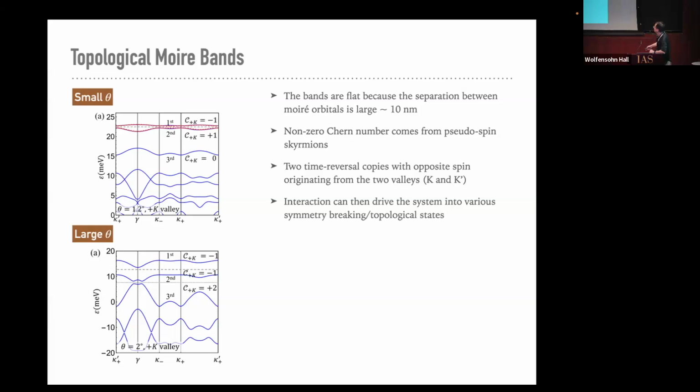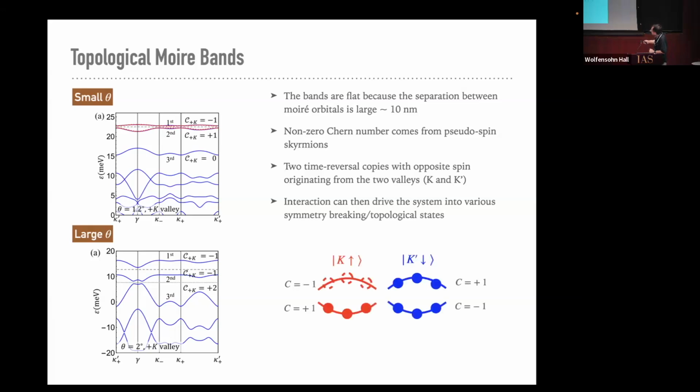Okay, and finally, the physics now becomes something like this. You have the K valley with spin up, you have the K prime valley with spin down, and now you can start to dope the system, right? And then you can ask yourself what are the possible interacting states? Sometimes those two valleys will form a coherent state. This is the inter-valley coherent state.